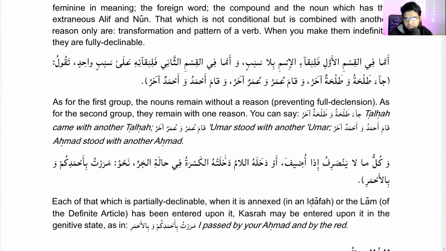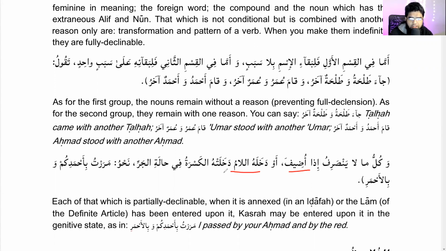And everything. So how do you make a ghayr munsarif into a munsarif? Each of that which is partially declined, when it is annexed in an idafa. So one way is making an idafa. إذا أضيف أو دخله اللام, or alif lam. اللام دخلته الكسرة.